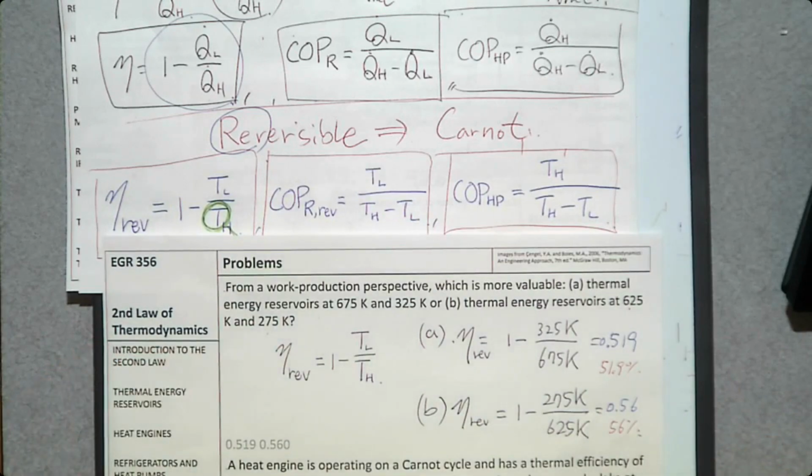So even though each system shares the same temperature difference between the high temperature thermal energy reservoir and low temperature thermal energy reservoir, the difference is 350, the second location can have higher efficiency.